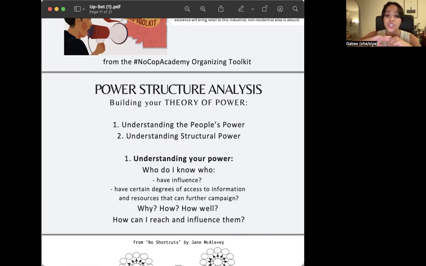So in understanding your power, which is part one, you ask questions like, who do I know who has influence? This can be social influence, like people who have a relatively large following. This could be legal influence. These can be your neighbors or your friends who happen to be lawyers or have second degree connections with legislators.